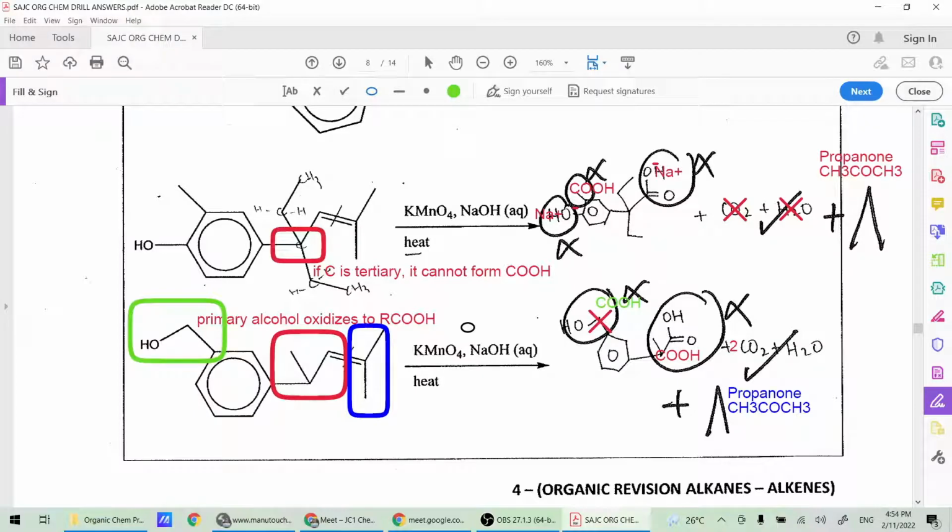Then just color categorize the different sections that would have been oxidized. All right, so just check your answers.